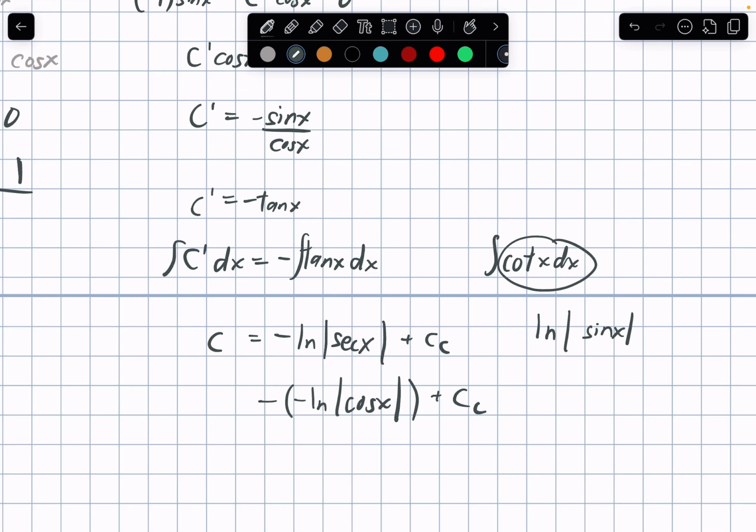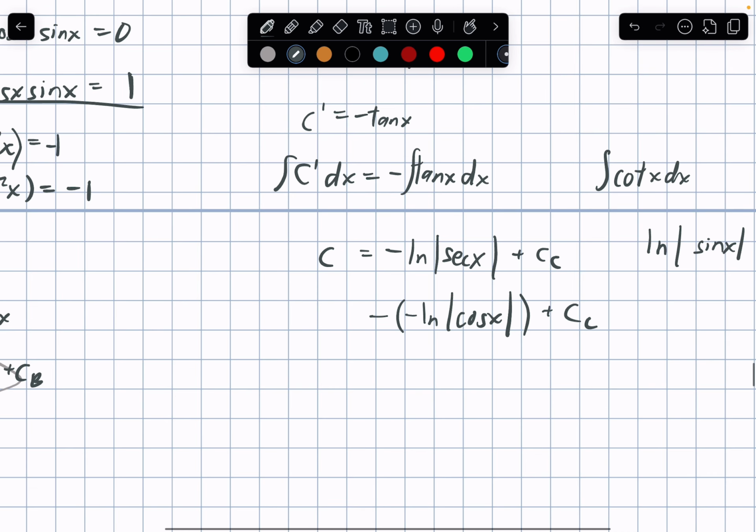Same thing here. For cotangent, it's cosine over sine, and sine is the foot. Okay, let's stick with this one. Plus ln cosine x plus C.